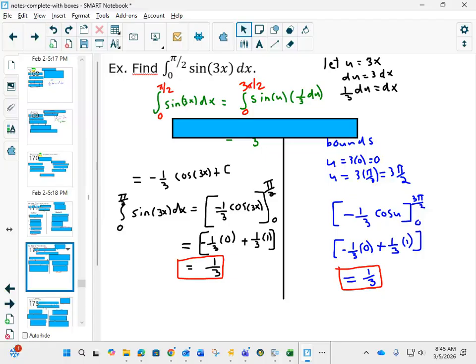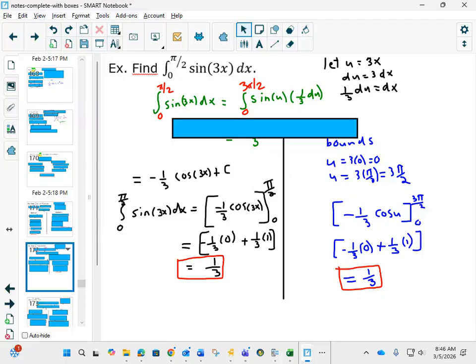Was substitution really necessary in this question? This is a simple chain rule, right? This is one of the ones we did early. If the simple chain rule would multiply by 3, doing the integral would divide by 3. So for me personally, I'd probably just do the black and no substitution whatsoever, because this is one I could do.